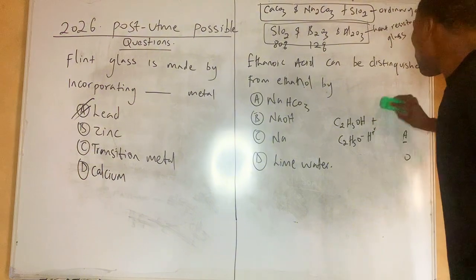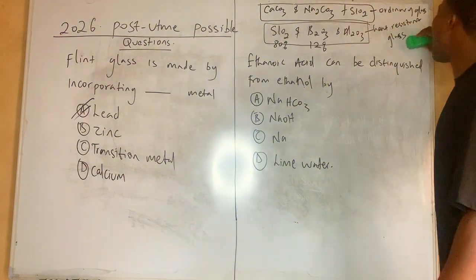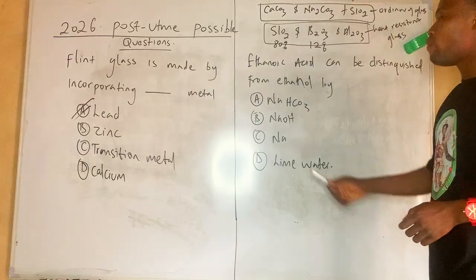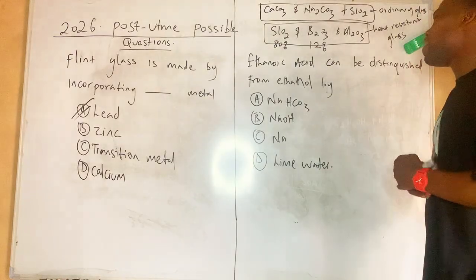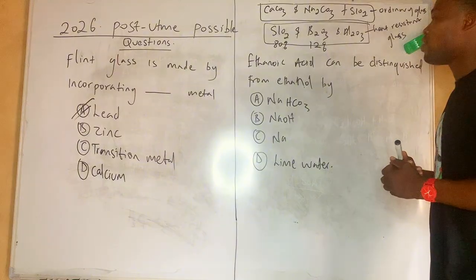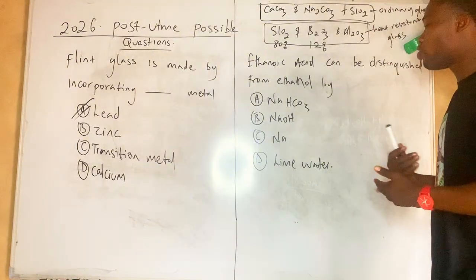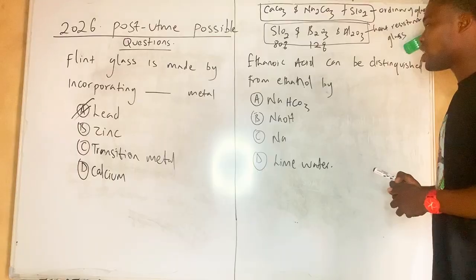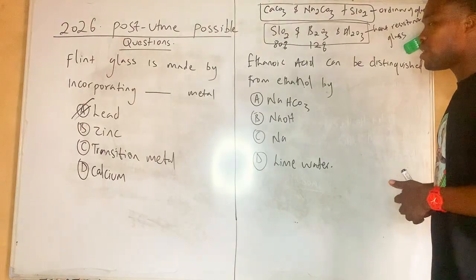The best way to distinguish alkanoic acid from alkanols is not using sodium metal, because both of them can undergo ionization reactions. Both of them can react with sodium metal to liberate hydrogen gas.